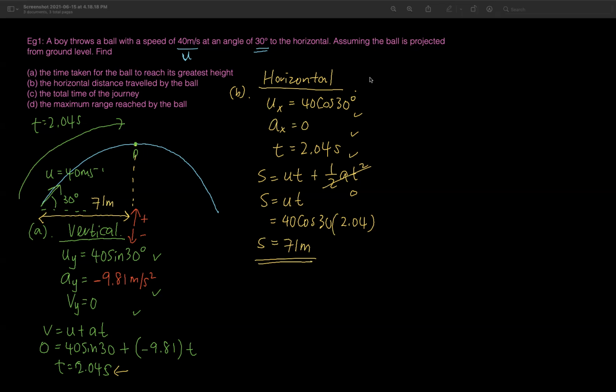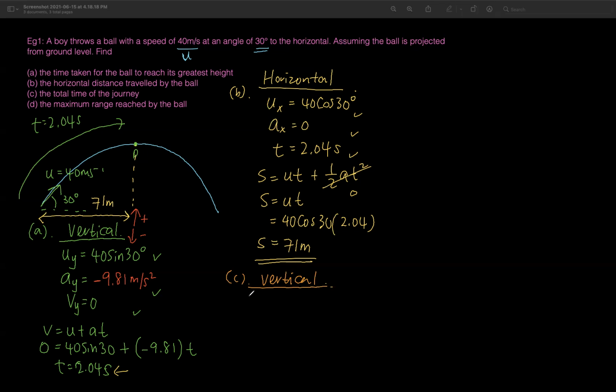C, horizontal distance, sorry, the total time of the journey. Okay, total time of the journey is the same. We use vertical. Why we use vertical? Actually you can use horizontal also, because the distance is already known, right?